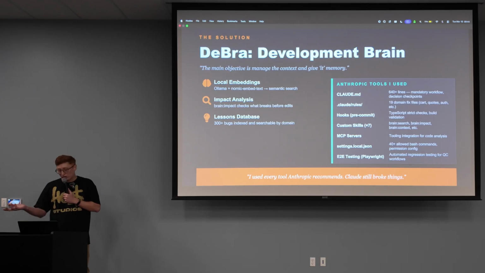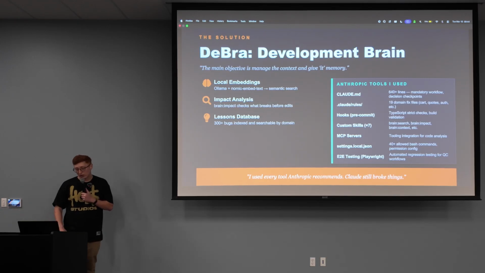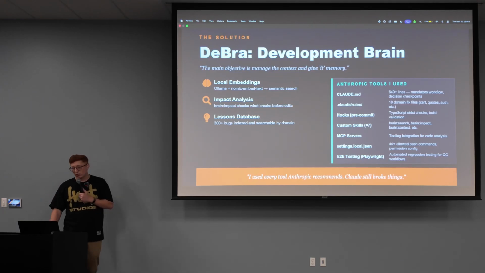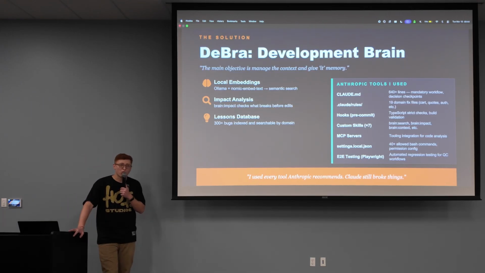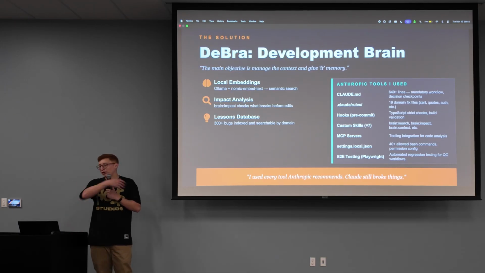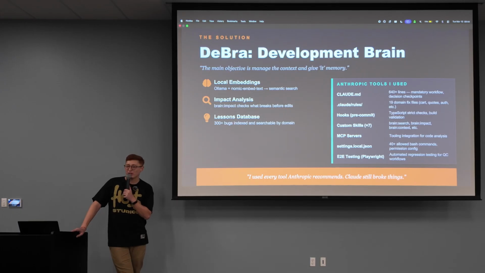And I also use Anthropic tools, the hooks, custom skills, MCP servers. I also use E2E testing with Playwright. Since I'm a one-man team, I run automatized tests, which weren't 100% accurate, but they did bring up major problems. And then I had to use a human, which was a friend of mine, and I was like, hey, you want to use my app and tell me what you think?